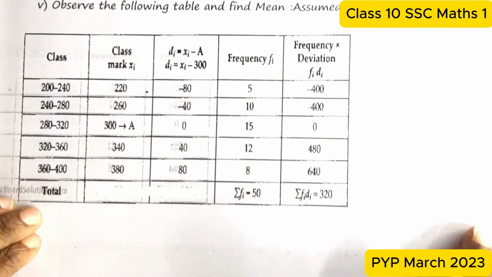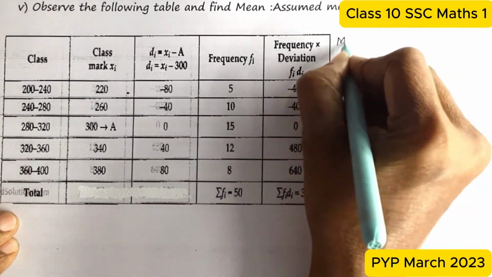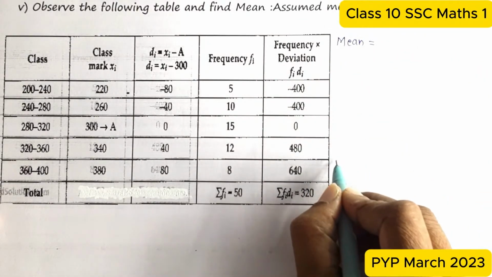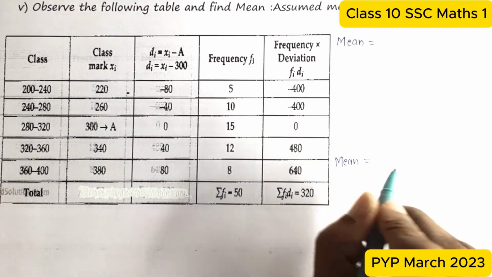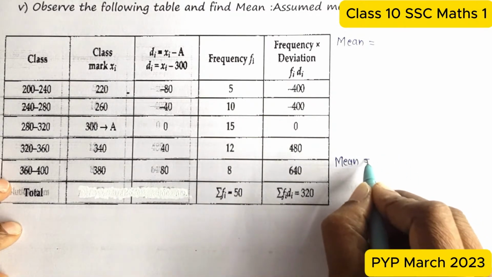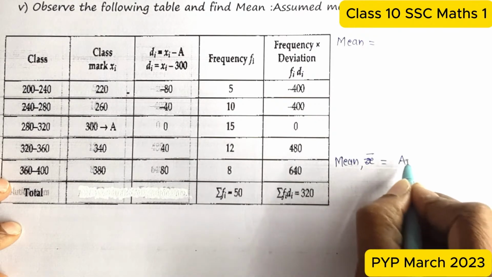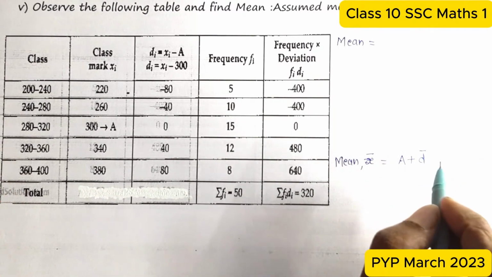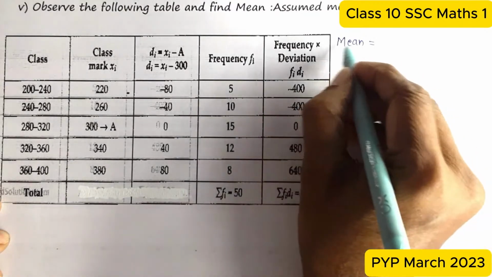Now we have to calculate the d bar, that is the deviation.